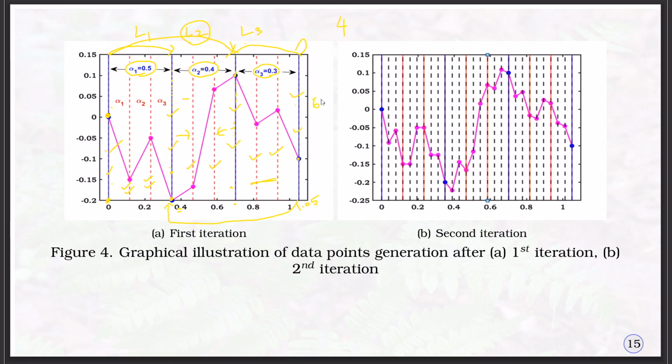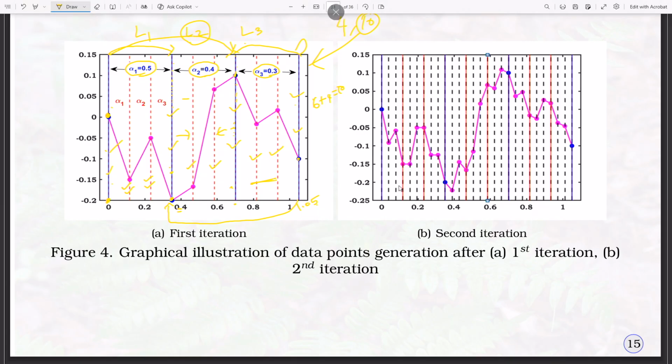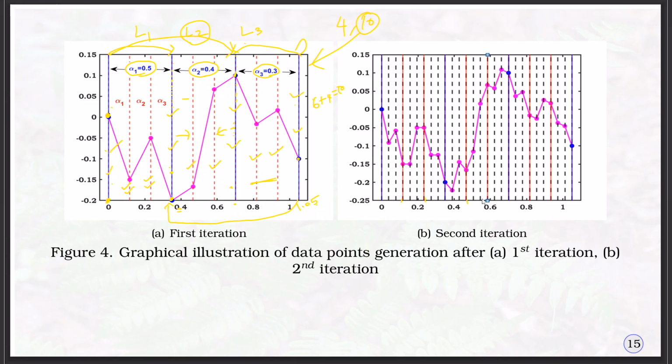So, 6 plus 4, totally we have 10 points. So, after the first iteration, 10 points are generated by the linear fractal interpolation function. You can observe here, there are 10 points. Now, you can see these red dots are the points generated after the first iteration.